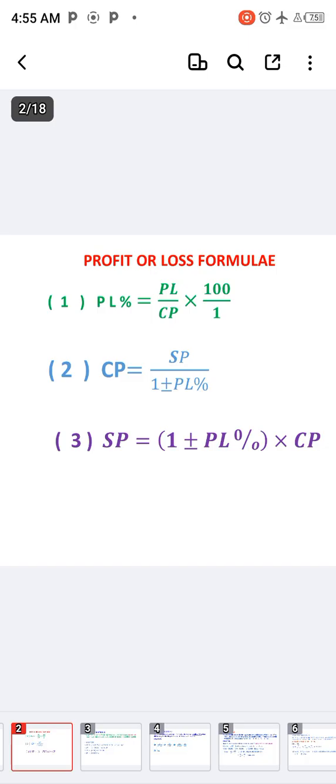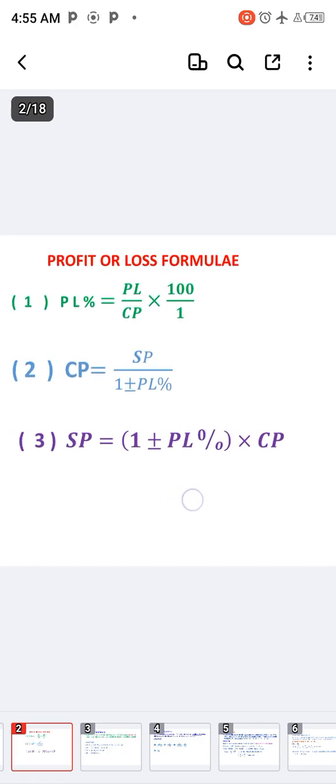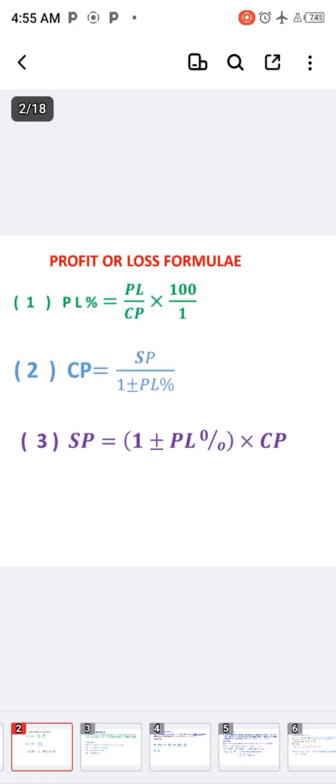Formula 3, which is the formula in pink, is the formula we use in calculating the selling price. The selling price is equal to 1 plus or minus profit or loss percent times the cost price.